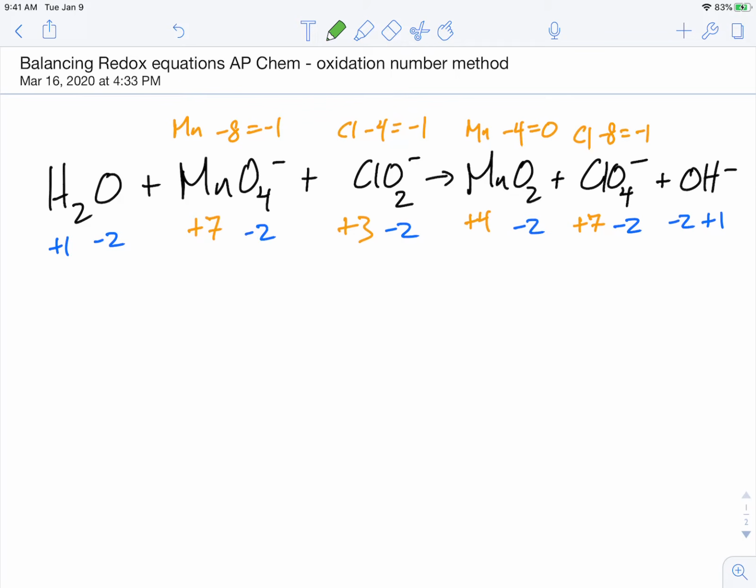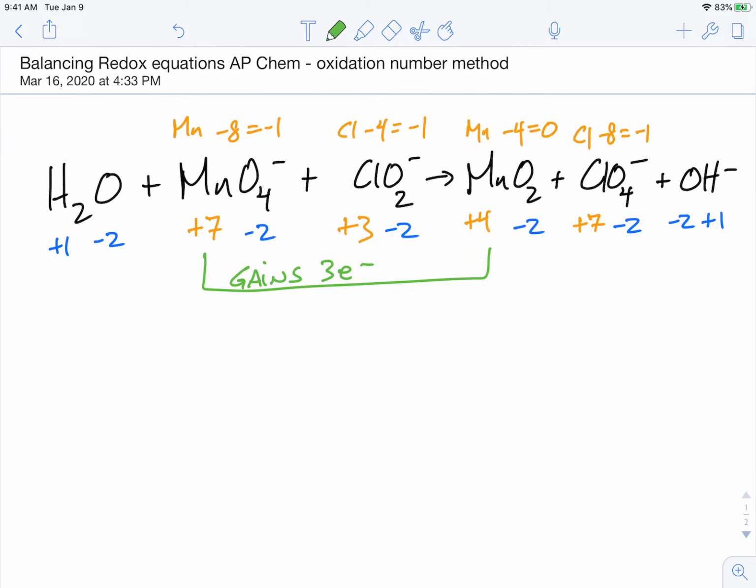Next, we look at what's changing, what's gaining or what's losing electrons. Well, MnO4 minus is going from +7 to +4. So you want to be thinking about whether that means it's gaining or losing electrons. Electrons being negative, it's going to have to gain 3 electrons.